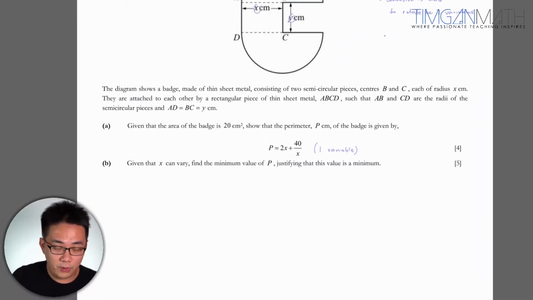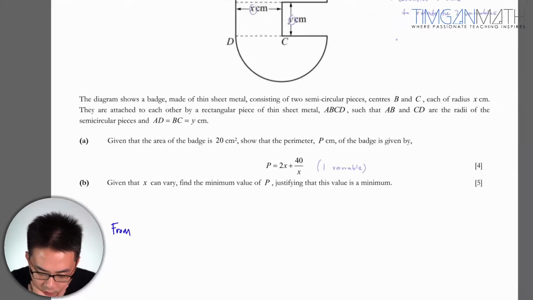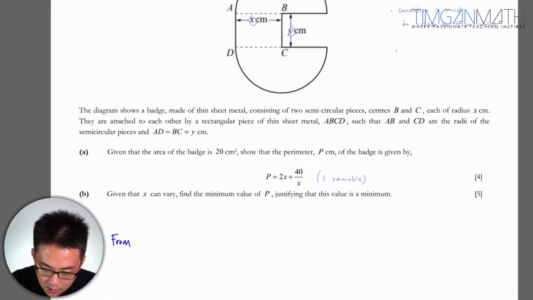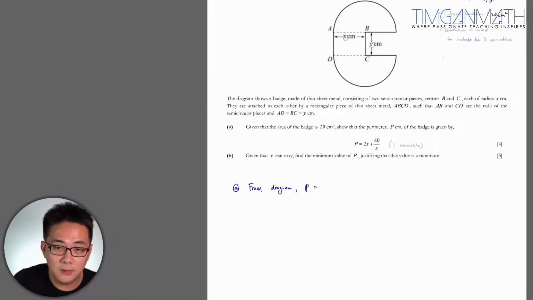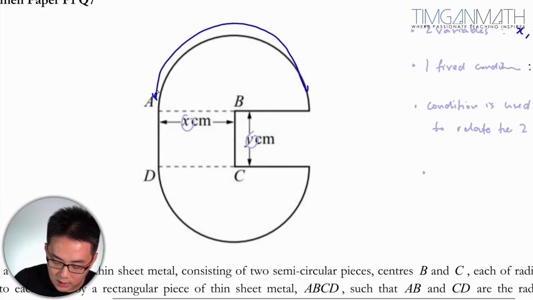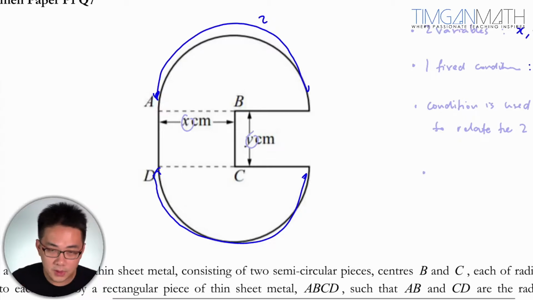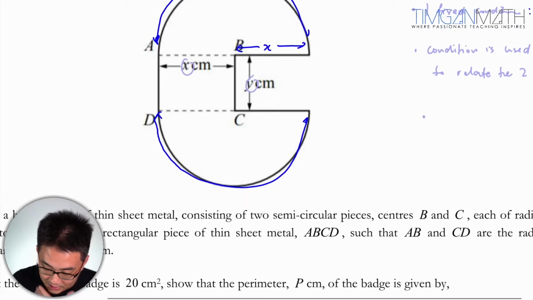First of all, we write down the perimeter. From the diagram, the curved part forms a full circle, so it is 2πr, which is 2πx, since B and C are centers.